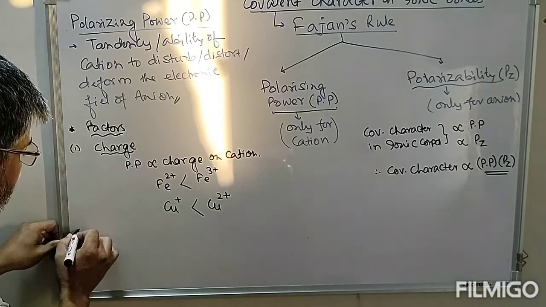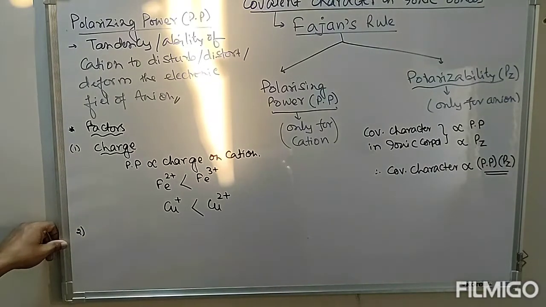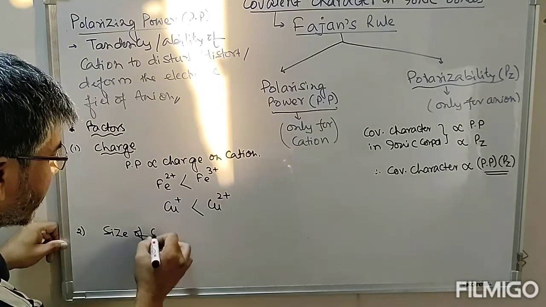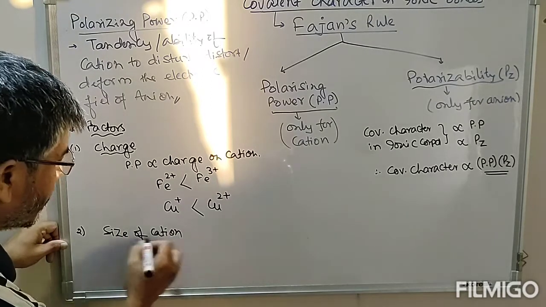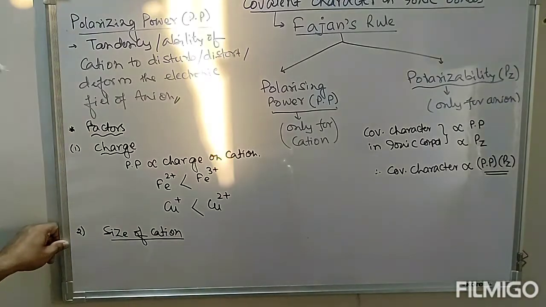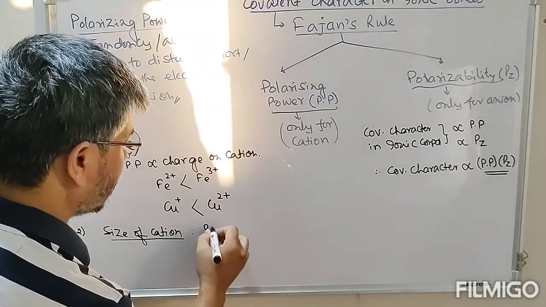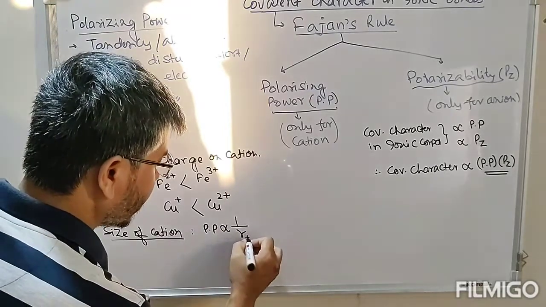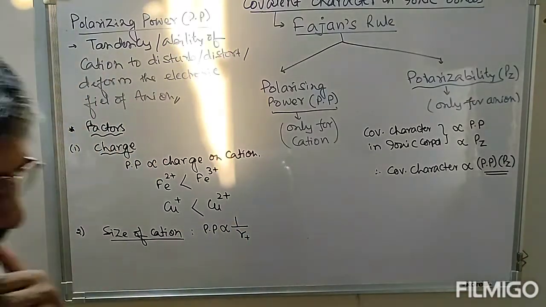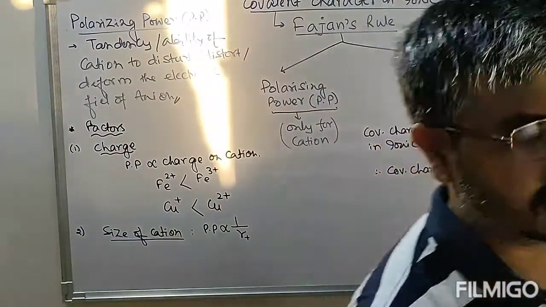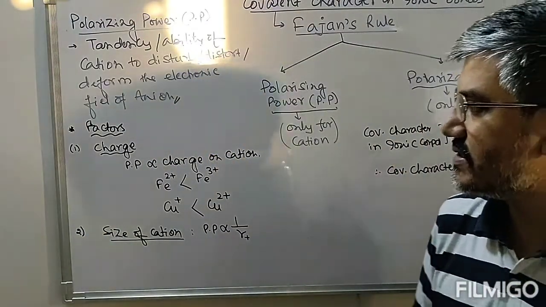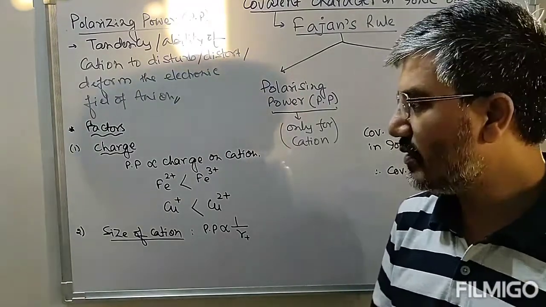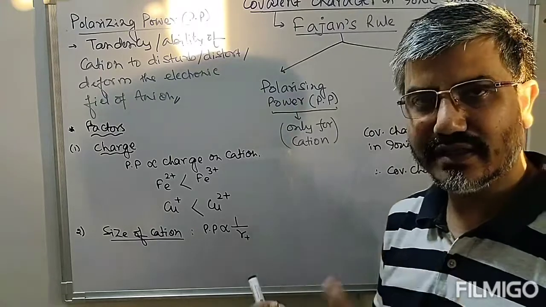This is the first factor. The second factor is the size of the cation. The polarizing power of a cation is inversely related to the size of the cation. As the size increases, the polarizing power of the cation will decrease.